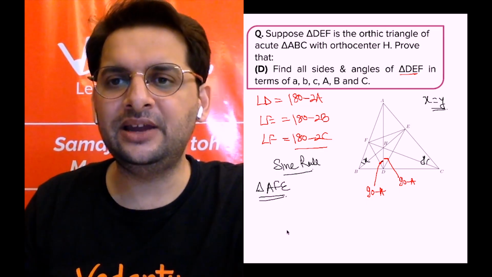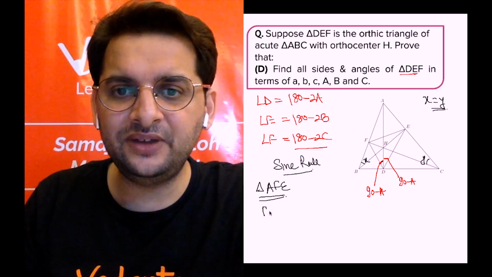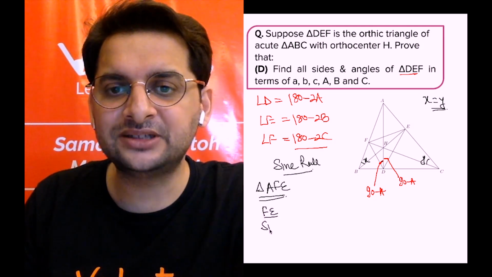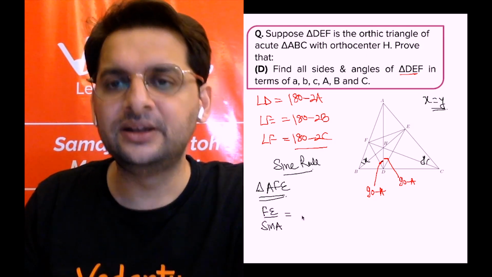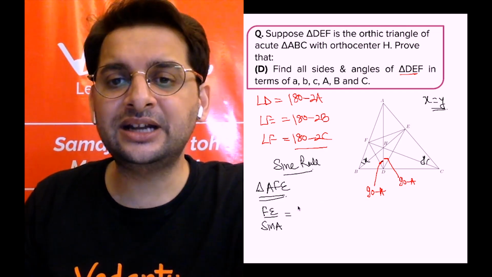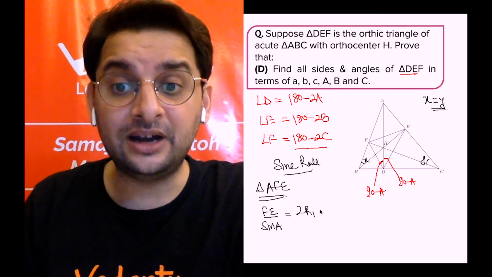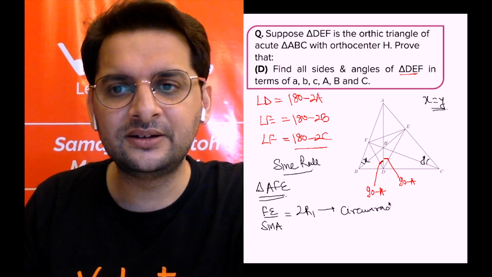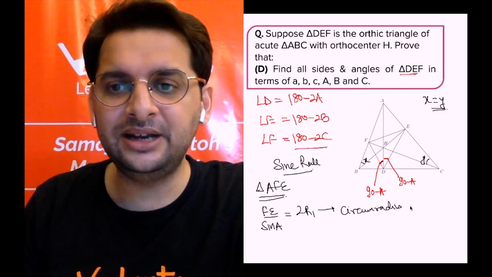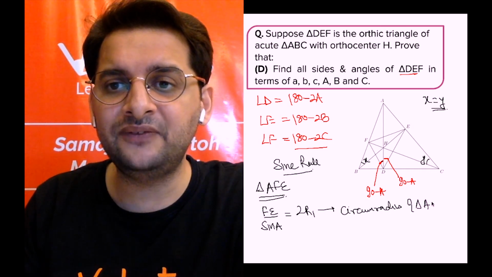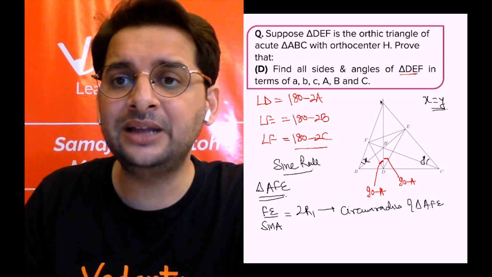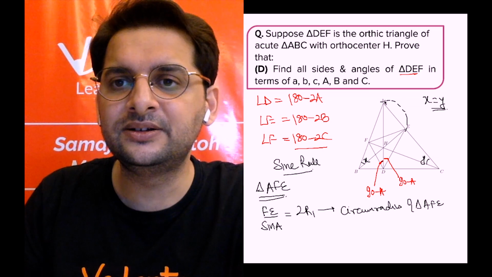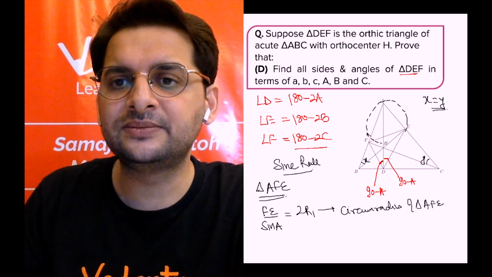Can I say FE upon sine A is 2R1, where R1 is the circumradius of triangle AFE? So what we're doing is applying the sine rule in this triangle.